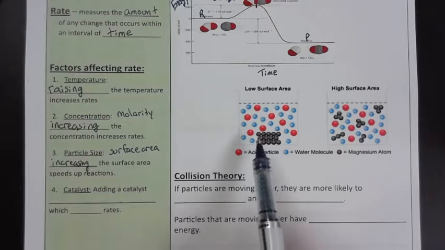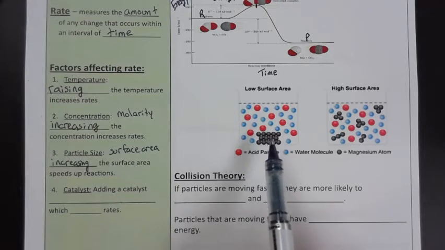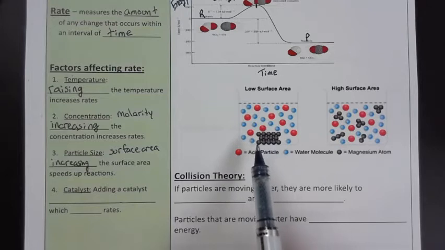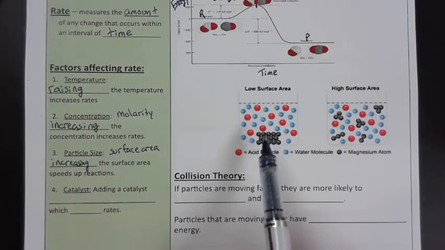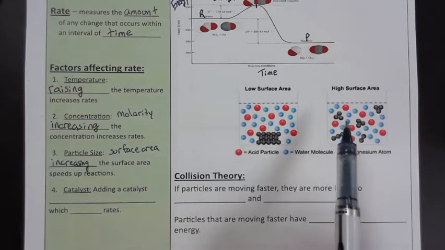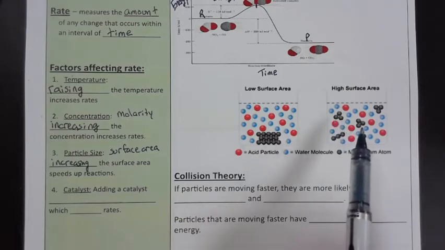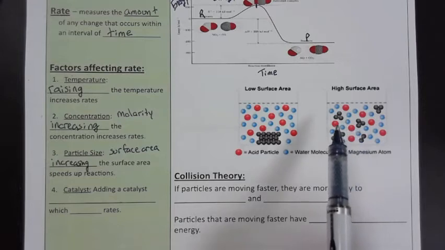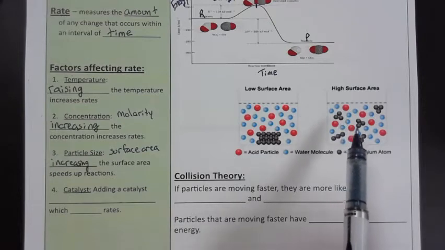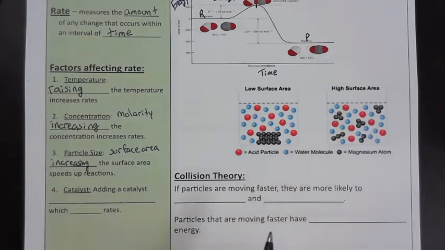But if we look at this as like a rectangle, these atoms here in that middle row aren't going to come in contact or collide with these acid particles because there's a layer of magnesium atoms around the perimeter. By breaking up the reactant into a bunch of smaller pieces, there's no center atom, so everything is exposed on the outside, so it increases the likelihood that these acid particles can collide with a magnesium particle.